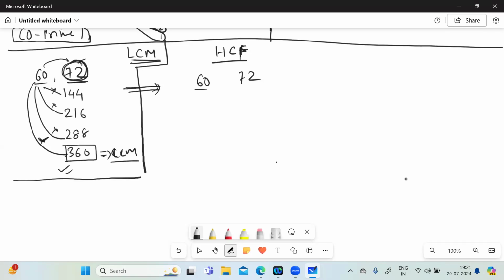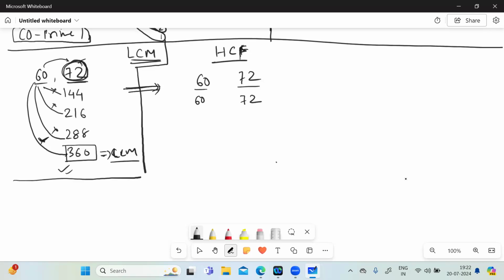We have these two numbers, 60 and 72, and I know the highest factor of 60 is 60 and the highest factor of 72 is 72. So in any case, the common factor will not be greater than 60.